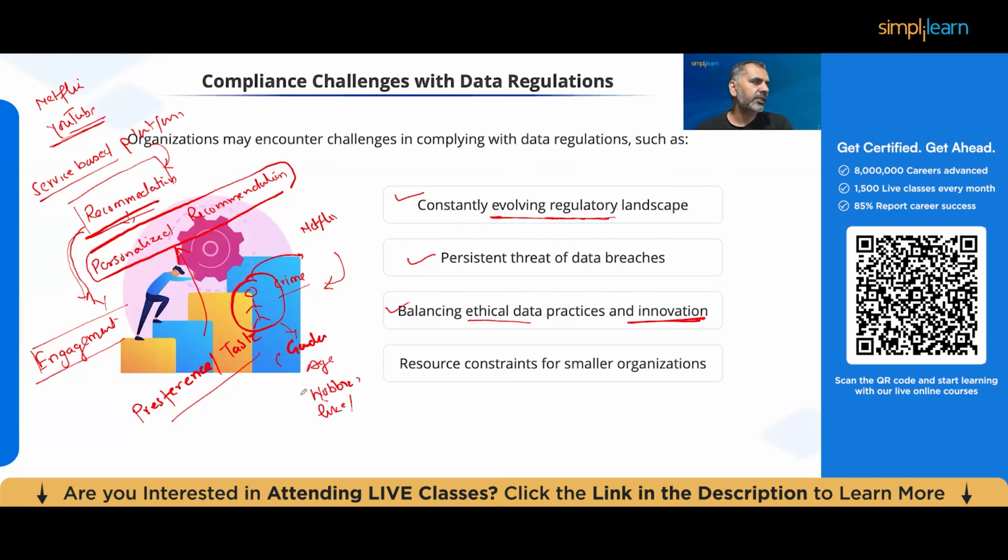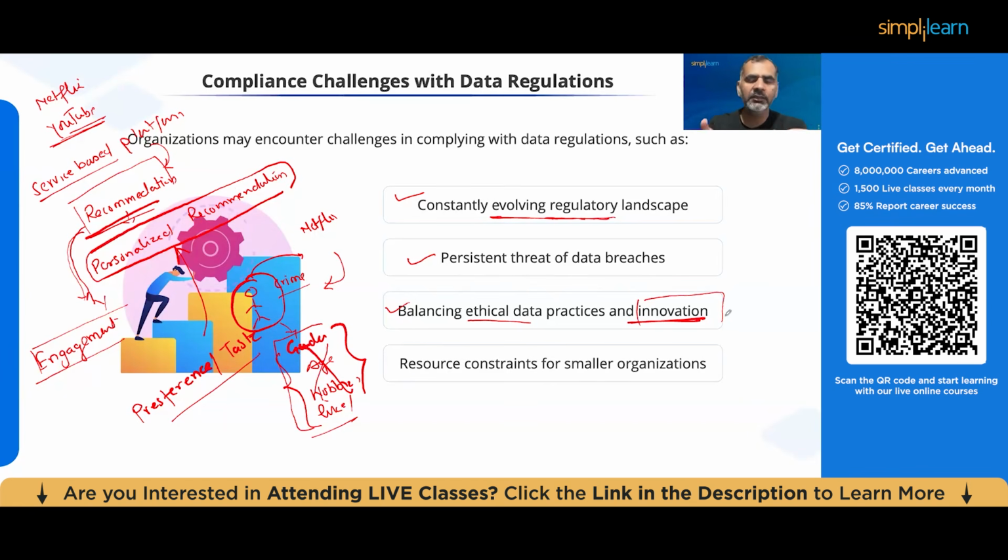Whenever I start to collect such pieces of information, I am getting personal information about the user. And this is where you need to have a balance. If you are collecting personal information, you have to be very careful in handling it. But if you do not collect that information, you might lack a more personalized recommendation. That means you might lack innovation.